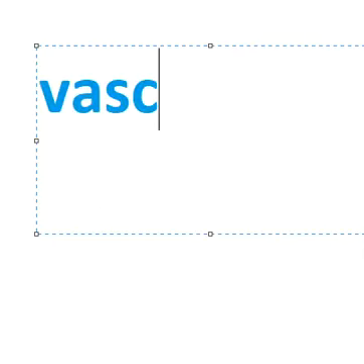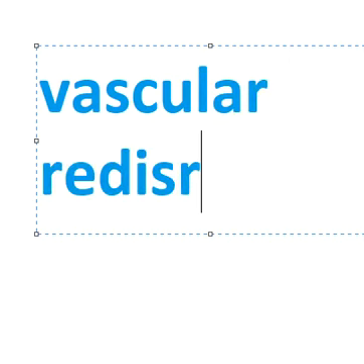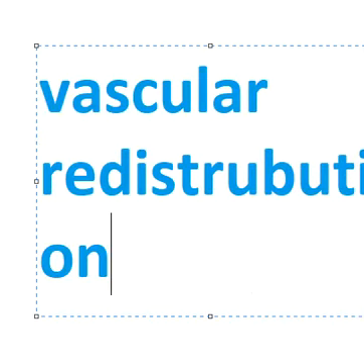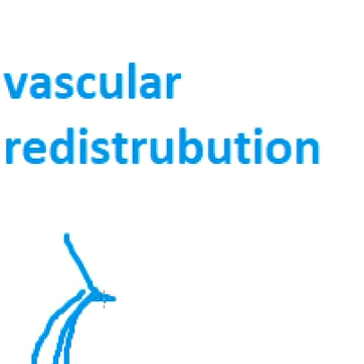So the first stage of CHF is vascular redistribution. Here the vessels start to become engorged with fluid. Normally the vessels are more on the downside and less in the upper side.